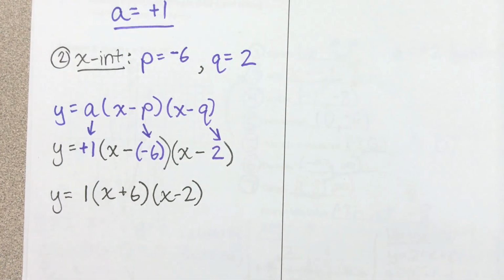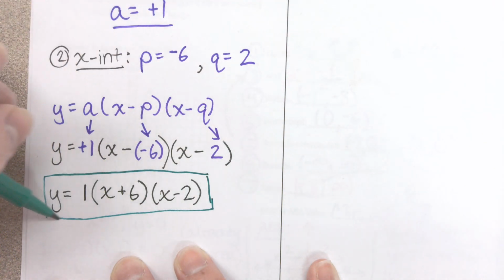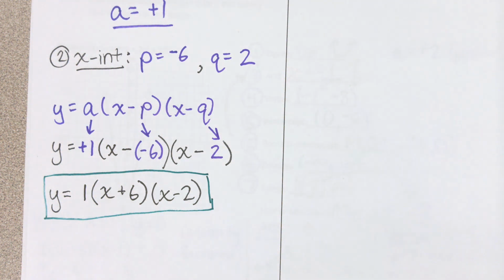There's no changes there. That's our equation. Like I said, it's pretty easy. Once you do a few of them on your own, you'll get this down. Any questions on graph A?